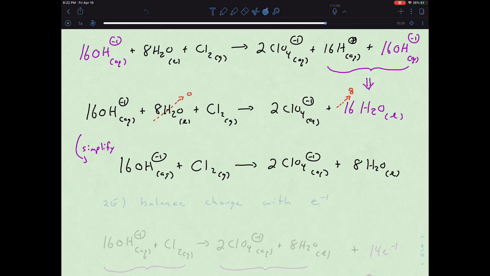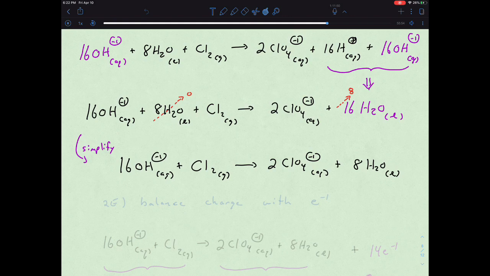So once we're done with 2C, once we understand the idea that now everything's balanced, my chlorine's balanced, my oxygen's balanced, my hydrogen's balanced, I don't want to mess with that balancing, but I also want to represent the idea that it's under basic conditions, and there's this neutralization idea. So with the neutralization idea, I add the same number of hydroxide.